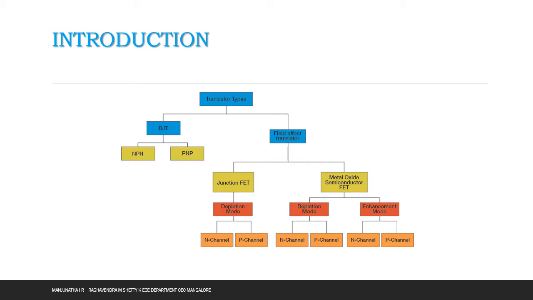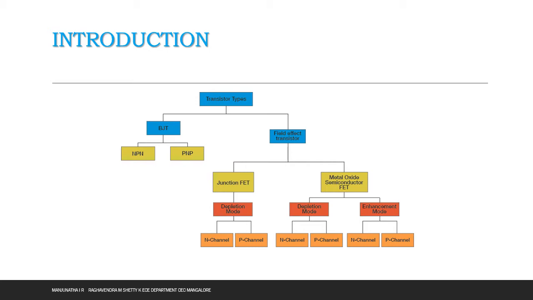Now moving on to the other side, junction FET. The thing we should observe is that the JFET can work under only one mode, depletion mode. It cannot work under enhancement mode. Now in the depletion mode, again two types, N channel and P channel.